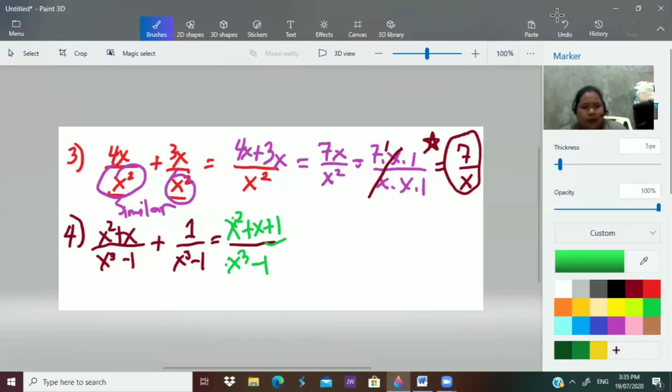Okay. So, pa-factor natin. So, yung number 1, yung numerator, kung i-observe po natin, tingnan natin kung factorable. Alam natin, ang numerator natin ay trinomial. So, mamimili tayo between general trinomial and perfect square trinomial.